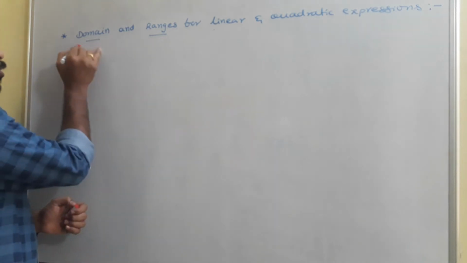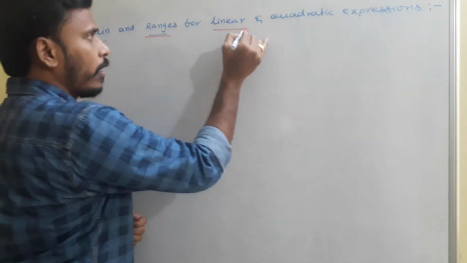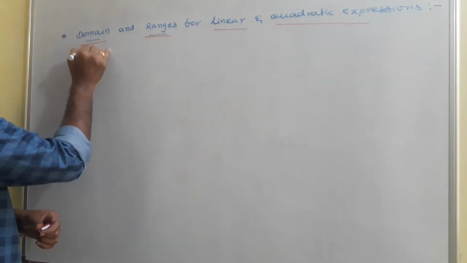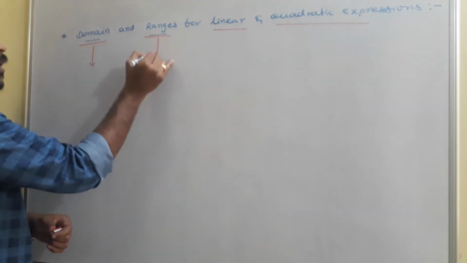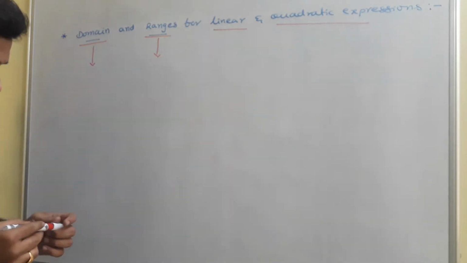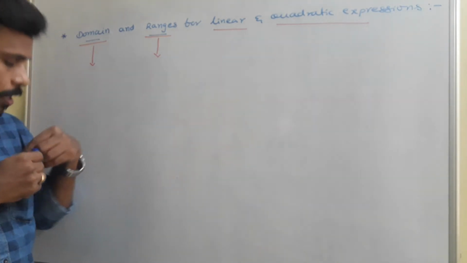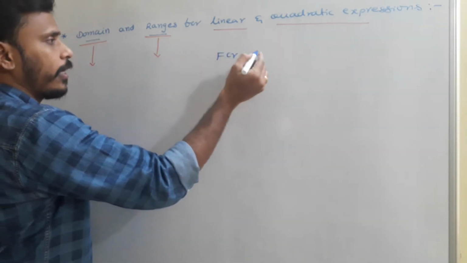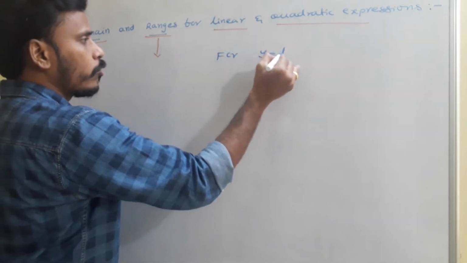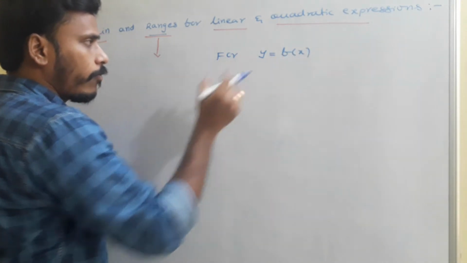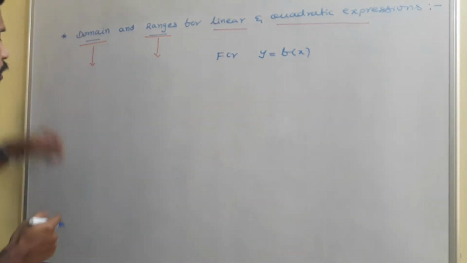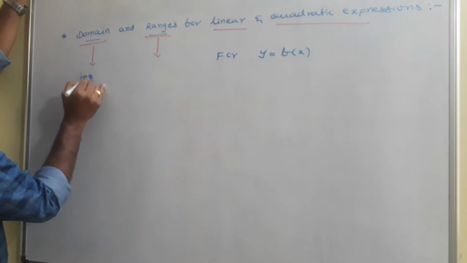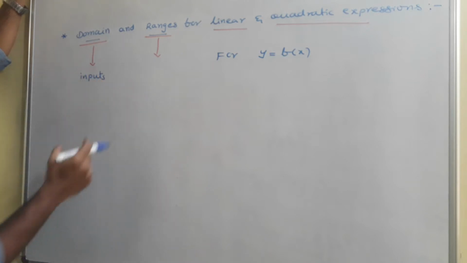Going to discuss domain and range for linear and quadratic expressions. Basically, what is domain and what is range? First of all, we need to know about domain and range. For a function or expression like y is equal to f of x, the domain is simply the inputs.